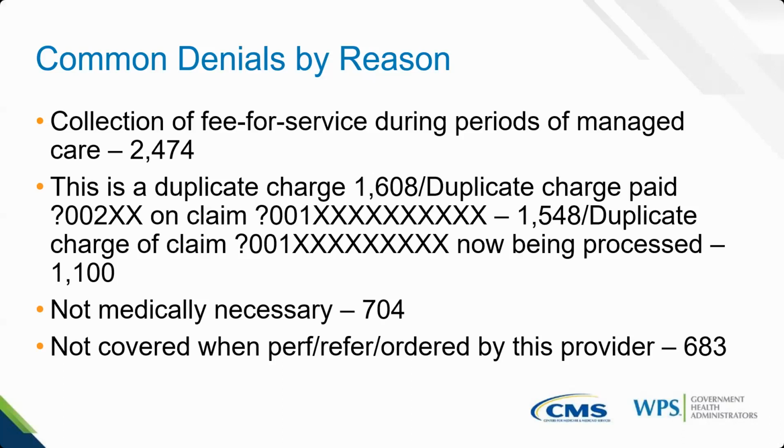You might get a message that says duplicate charge paid on such and such a day on such and such a claim. Or you can get another type of duplicate denial that says duplicate charge of claim such and such now being processed. That means there's a duplicate currently in the system processing against the one that's being processed here, or the one that's being denied. So there are all different reasons for duplicate charges, duplicate denials.